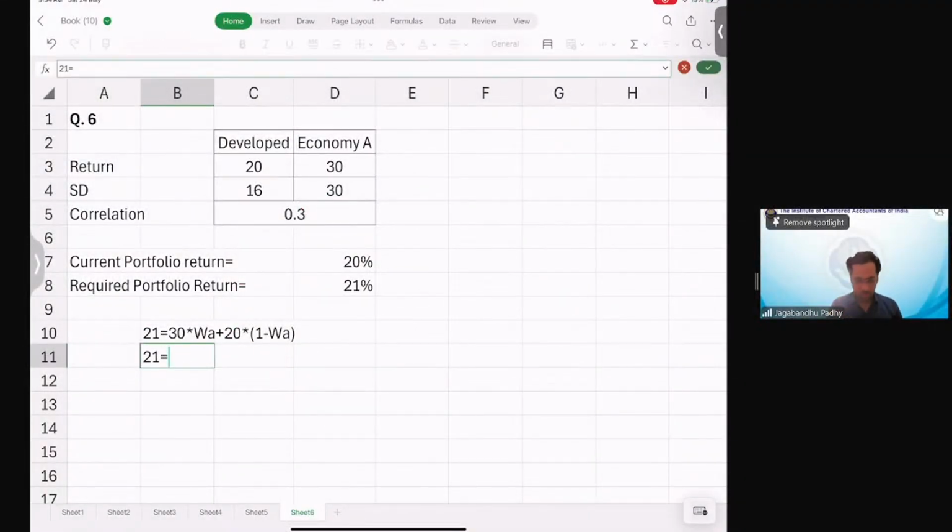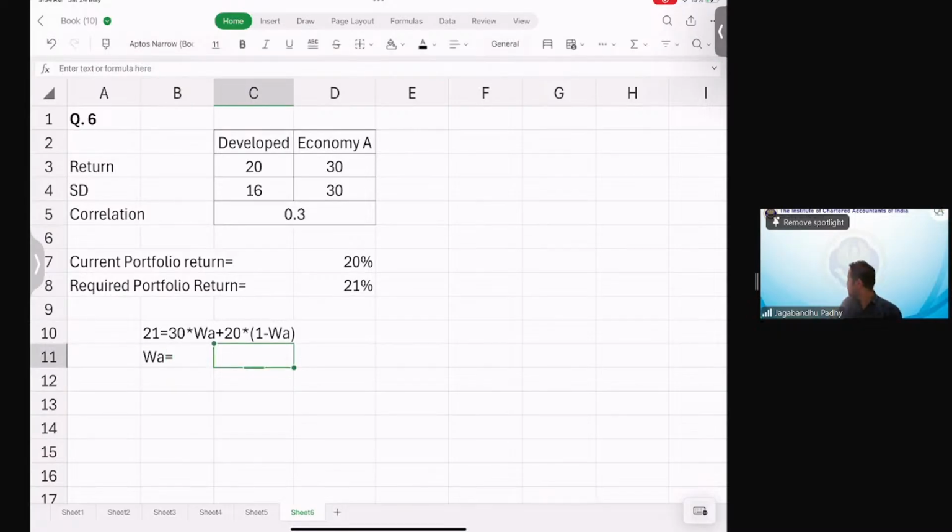Can we just solve this equation? Solve this equation and give me the weightage of A, guys.